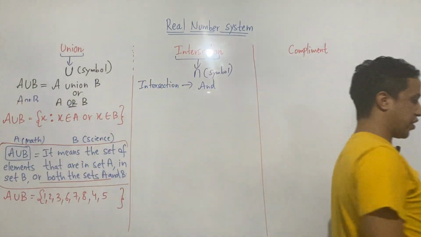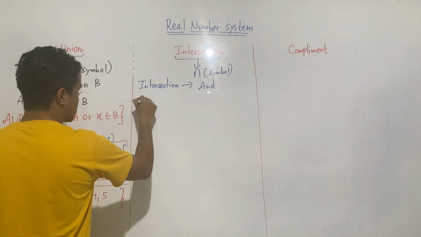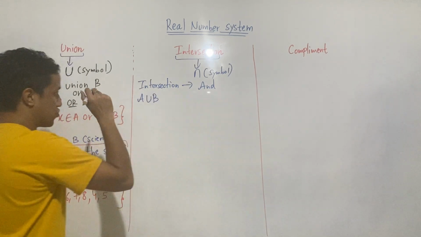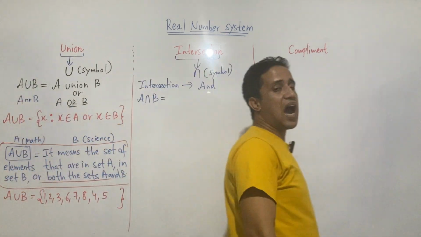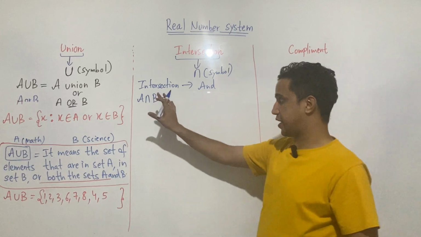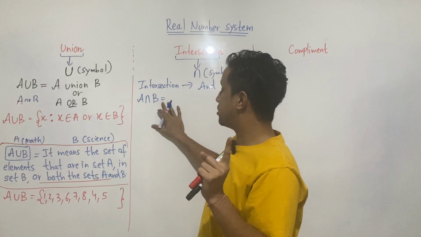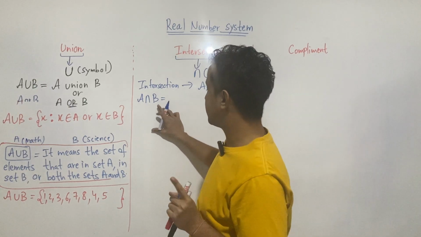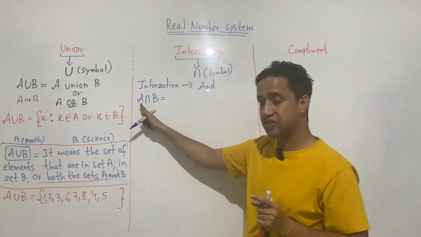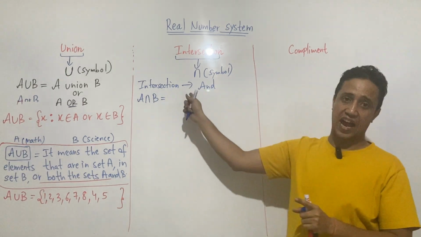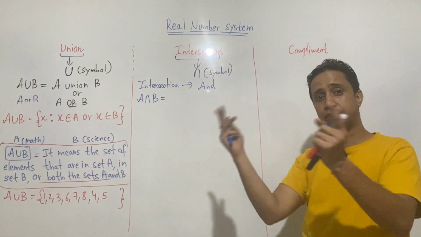For example, if someone asks you to find A intersection B, then what does it mean? They are more interested in finding the set of elements who like math and science, because I'm talking about the context before, where we took the example of math and science.